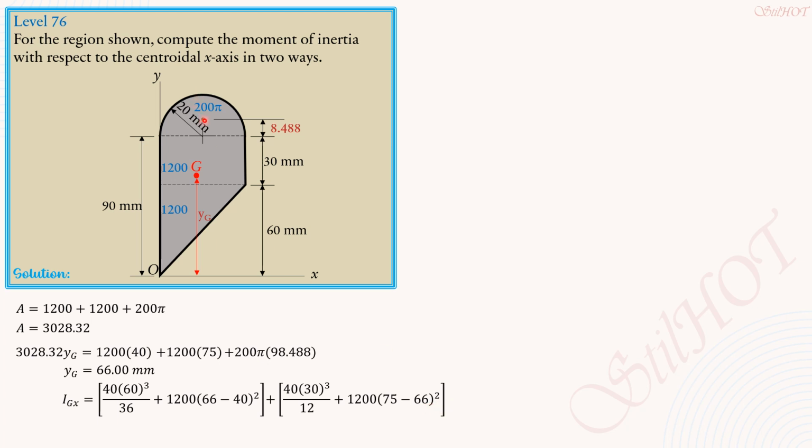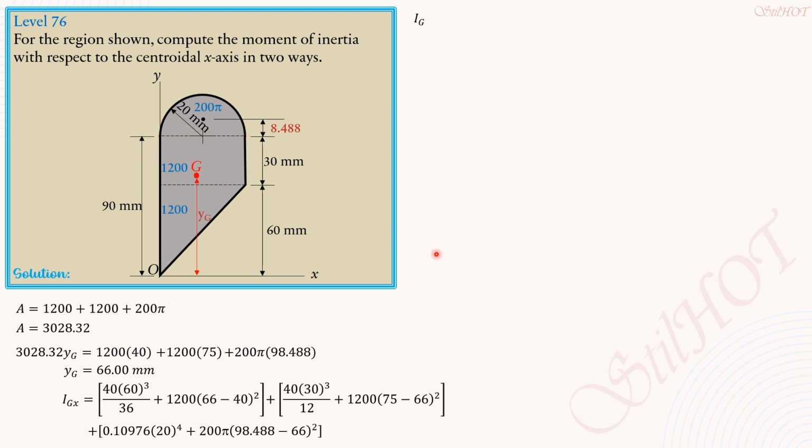Then for the semicircle, the moment of inertia with respect to this centroidal x-axis is 0.10976 r to the fourth, if you can remember. 0.10976 times 20 to the fourth plus area 200 pi times distance 98.488 minus yg, which is 66 square.